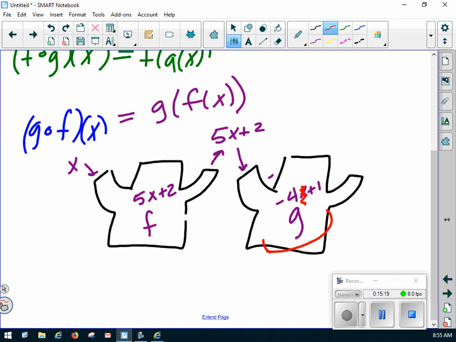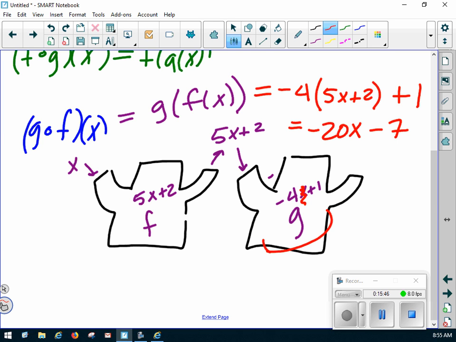And what's getting put in its place? 5x plus 2. Good. So how are we going to write this? Negative 4 times 5x plus 2, plus 1. Negative 20x. Good. Minus 8 plus 1 is minus 7.